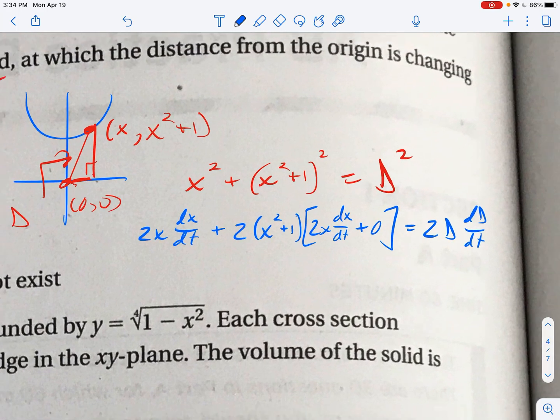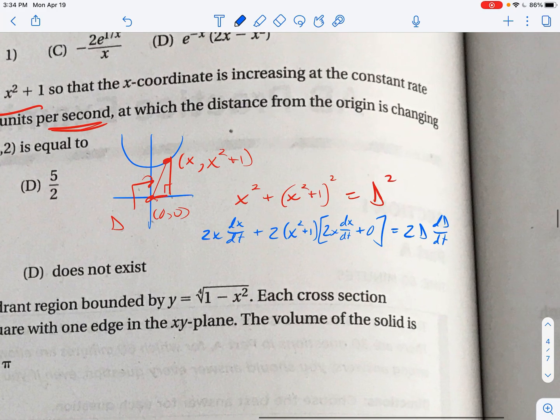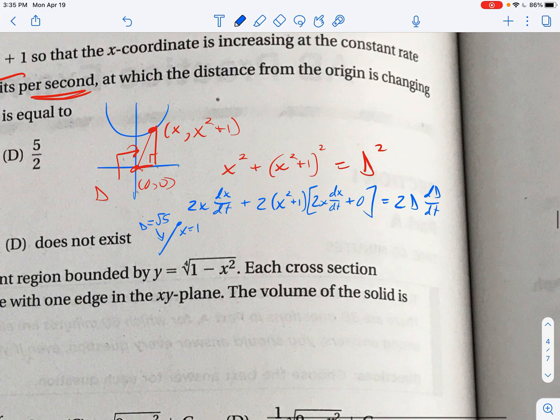And we have some specifics that the point is 1, 2. So my specific is that x equals 1. And if x equals 1, you can check that the distance is root 5. We also know that dx dt is 3/2. So when I plug in all those specifics, I have 2 times 1 times 3/2 plus 2 times 1 squared plus 1 is 2 times here 2 times 1 times 3/2 times 0 equals 2 times root 5 times dd dt.